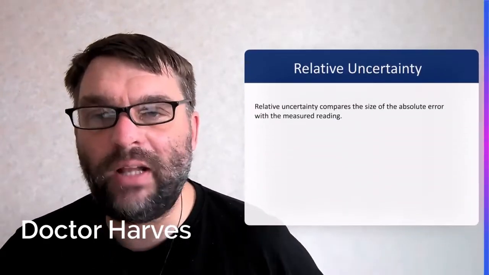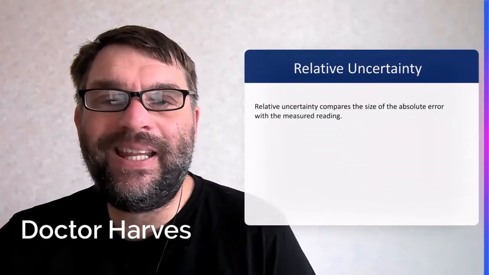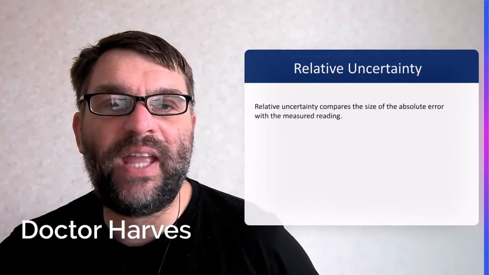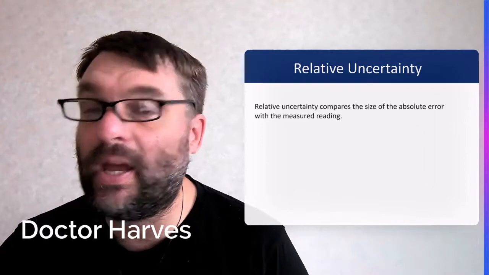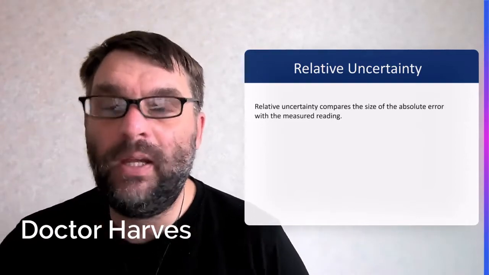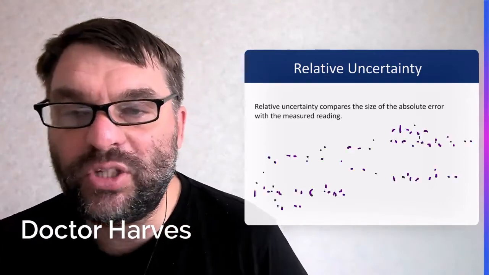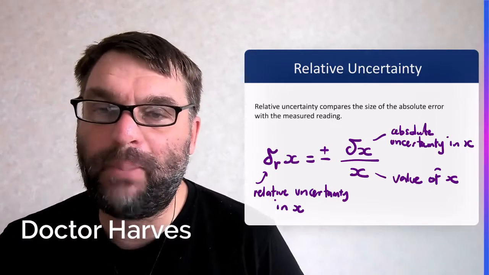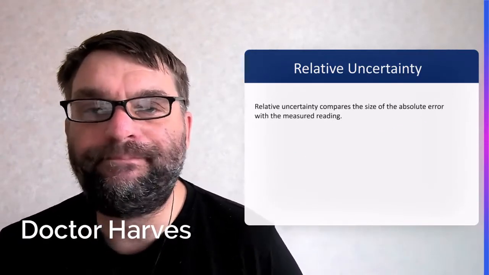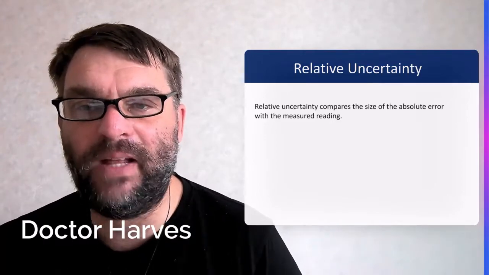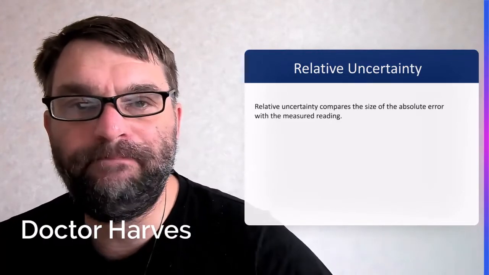So relative uncertainty basically compares the size of the absolute uncertainty to the actual reading you've got, and the equation is that the relative uncertainty in x will be plus or minus the absolute uncertainty in x divided by that particular value of x.